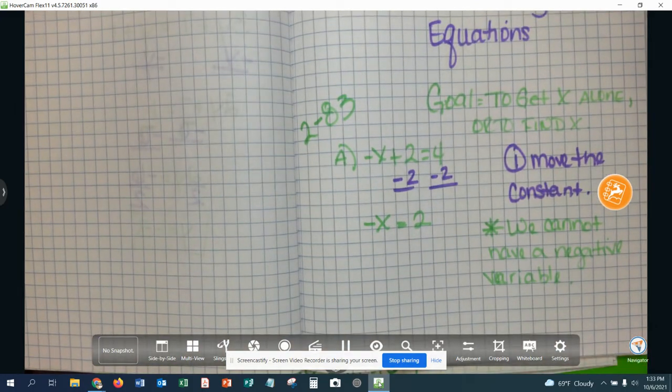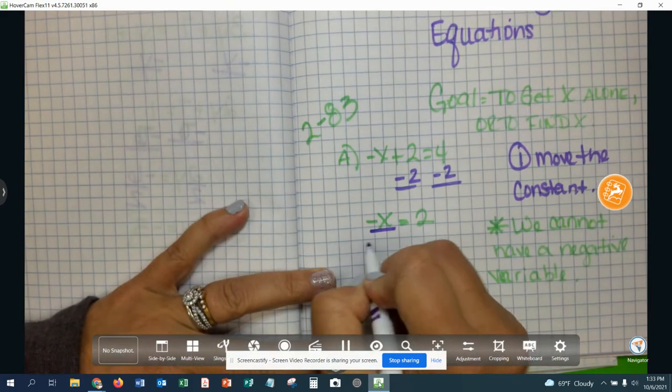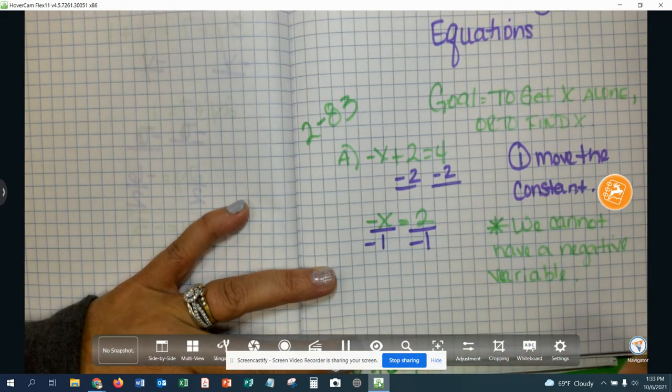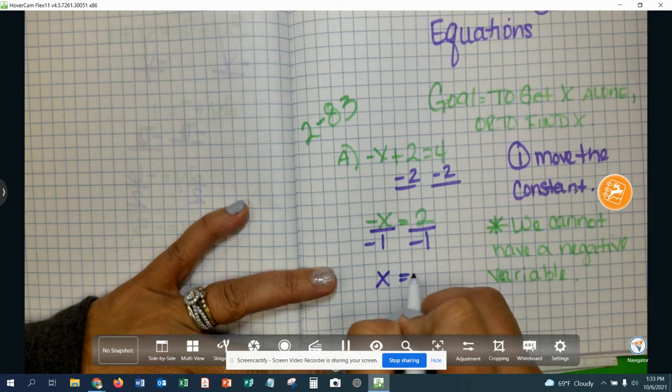So to get rid of the negative variable, I have to divide by a -1. Divide by -1, divide by -1. So x equals -2.